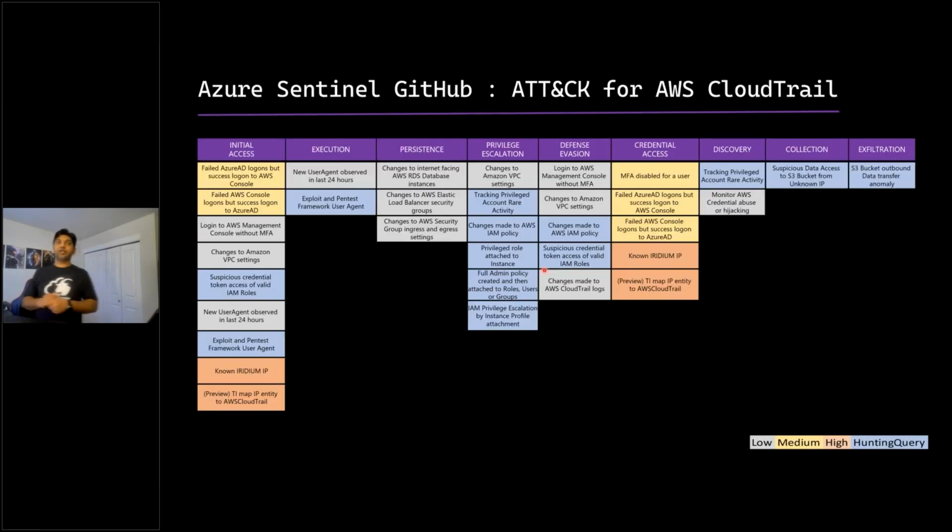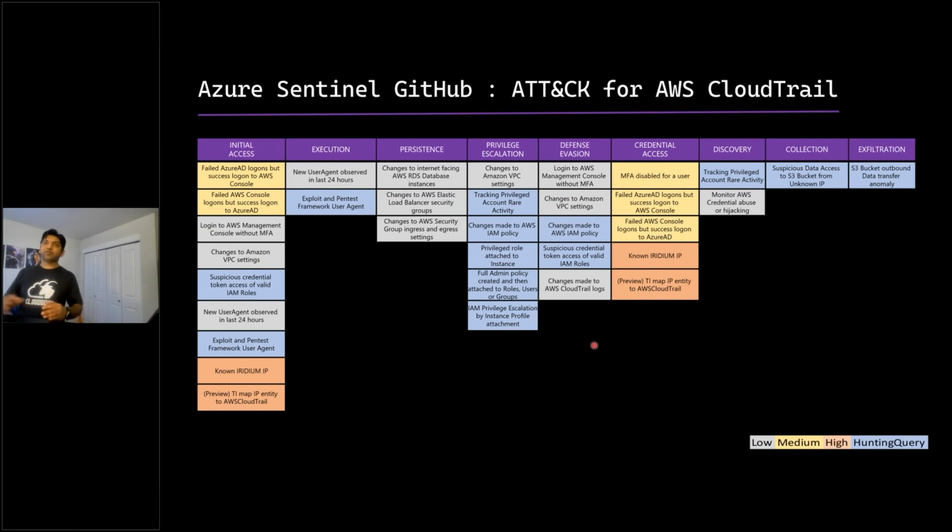Lastly, some of the detections that we talked about, we have published on our public GitHub. Again, this is one of the ways that you can visualize the attack matrix. In this case, instead of the heat map, I pulled in all of our AWS detections that are available publicly into each tactic, and then associated severity with each of the detections.